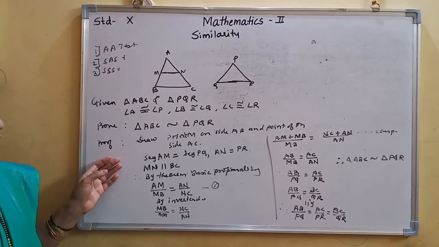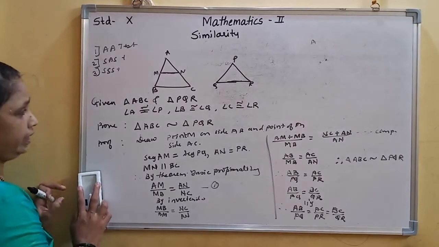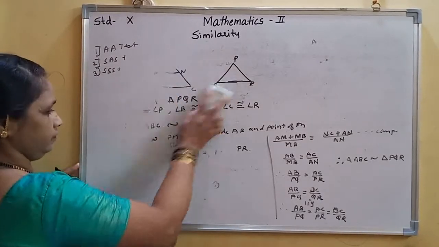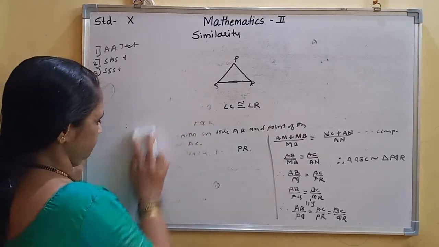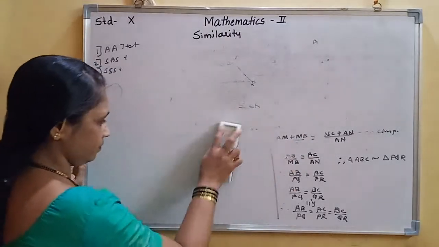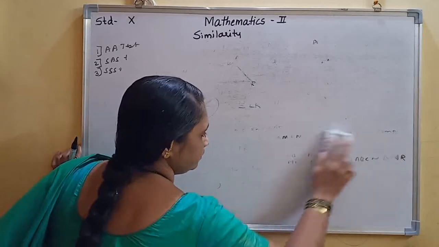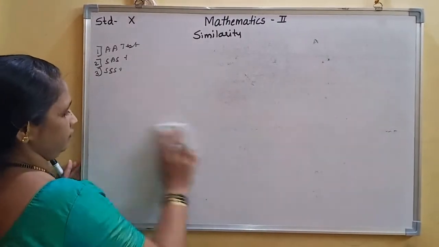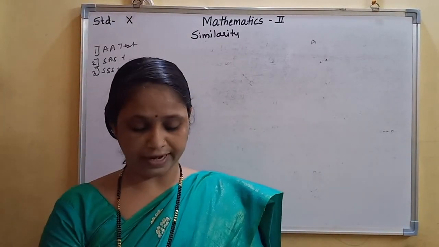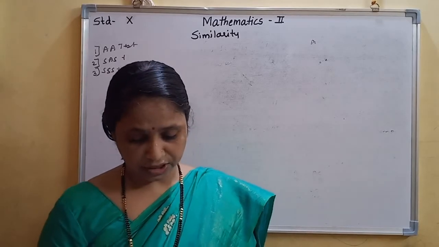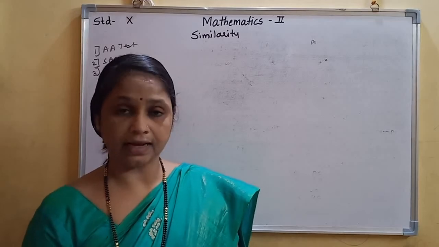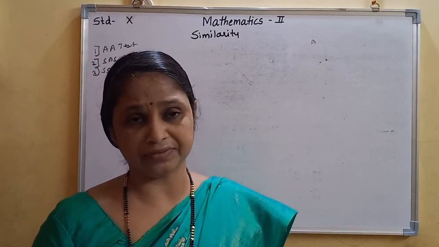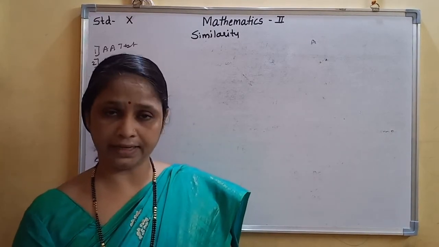Now in the AA test of similarity, if its angles are congruent, then the corresponding sides are in proportion, and we can say that the triangles are similar by the AA test of similarity.